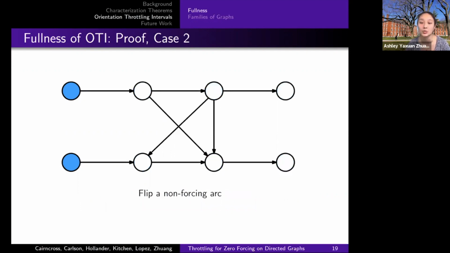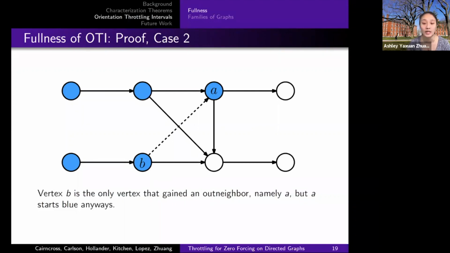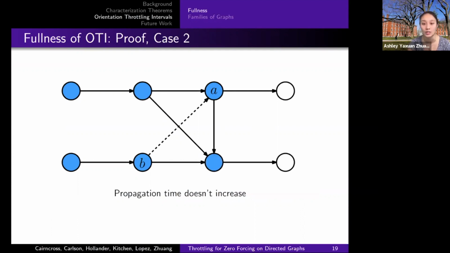Now in our second case, we're going to flip a non-forcing arc, which is this diagonal dashed arrow, and we also label the endpoints A, B, and this time we're going to add A to the initial forcing set. And we see now that B is the only vertex that gained an outneighbor again, namely A, but A starts blue in the first place, so A will not actually stall the forcing for B. And since all the forcing arcs remain intact, we can just use the same set of forces, and since propagation won't be stalled, propagation time does not increase.